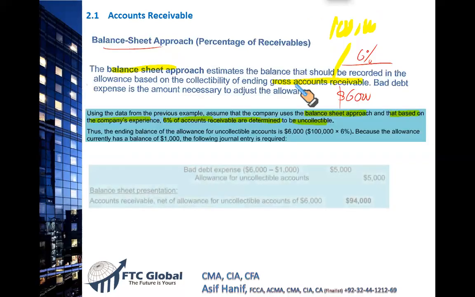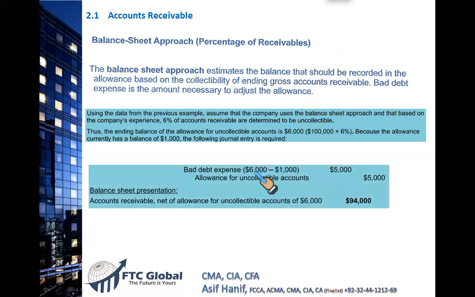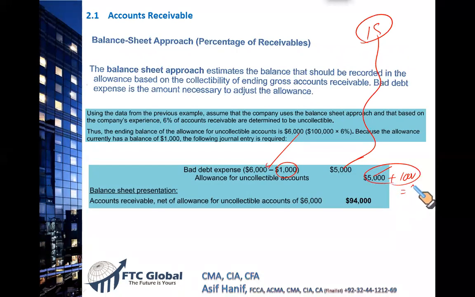You're going to debit the bad debt expense. 6,000 is what we need, but since we already have a 1,000 balance, we will create the entry for bad debt debit, allowance credit. This 5,000 goes straight to your income statement as a charge for the period, and this 5,000 will be added to the existing balance of your allowance, giving you a total of 6,000.